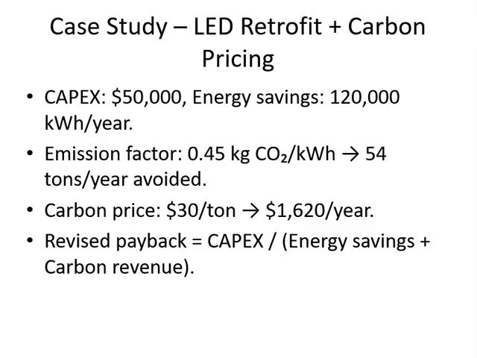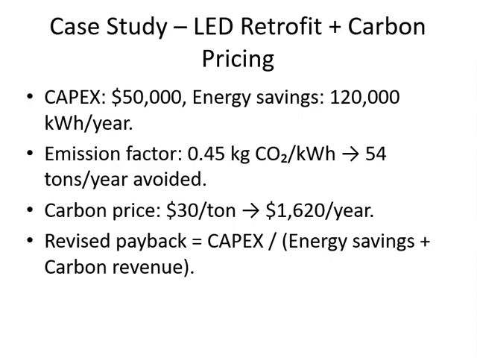Let's move to the case study, and let's use our area LED retrofit example that we have used in lecture 2 as a case study. The capex is $50,000, energy saving is 120,000 kilowatt hours per year, with a 0.45 emission factor.